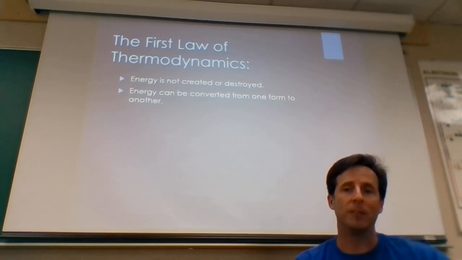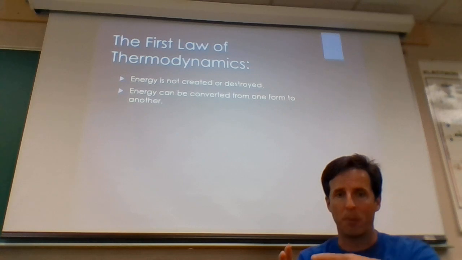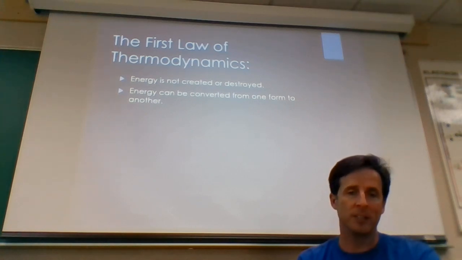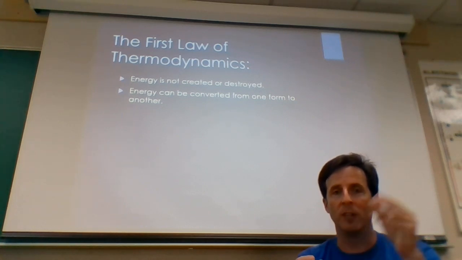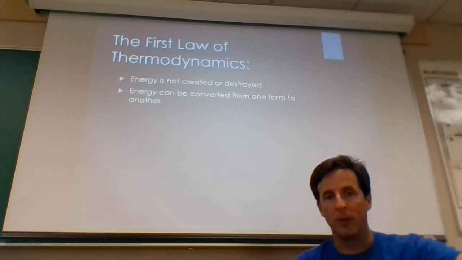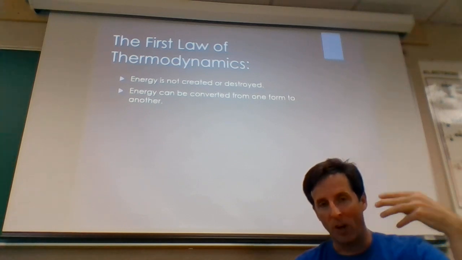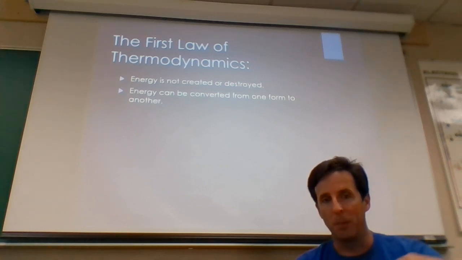If you're studying a certain system, meaning a certain sample, and it loses heat, the heat doesn't just disappear. When a sample loses heat, the heat is released and the surroundings have to absorb the heat. So the heat is always present. It can change forms, it can change places, but it's still present.